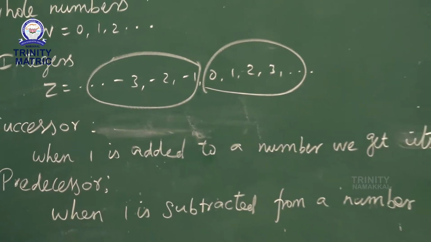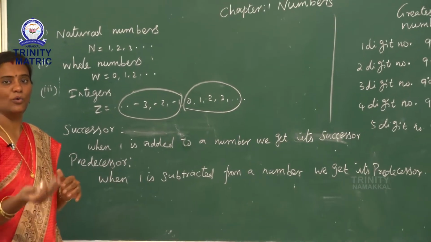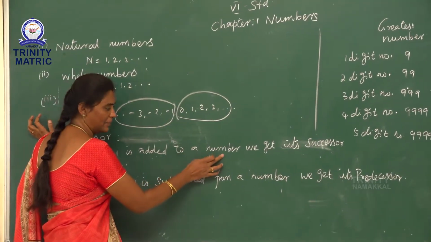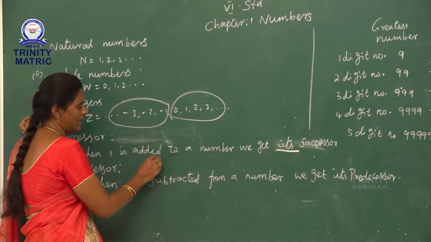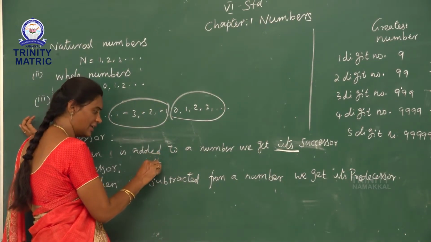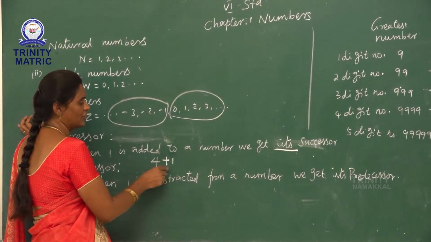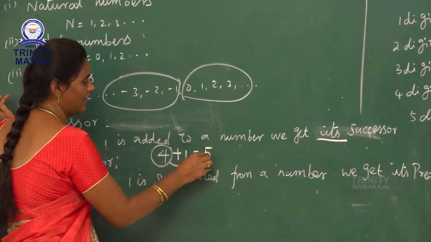Next, successor. Successor is nothing but the next number. When 1 is added to a number, we get its successor. For example, to find the successor of 4, we add plus 1. So 4 plus 1 is 5. So the successor of 4 is 5.